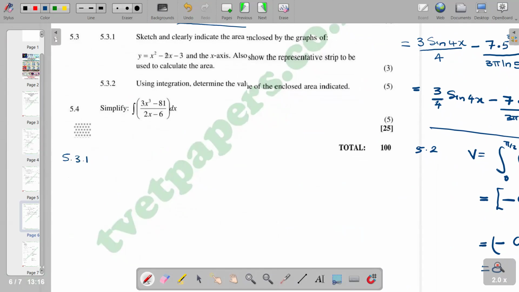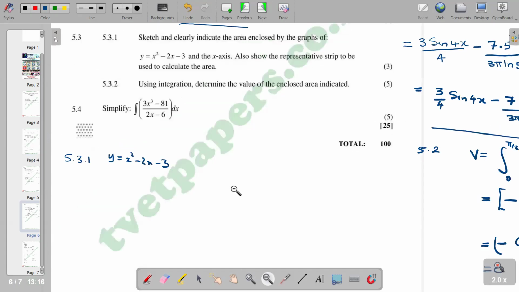The question is saying sketch and clearly indicate the area enclosed by the graph of y is equal to x squared minus 2x minus 3 and the x-axis, also show the representative strip to be used to calculate the area.